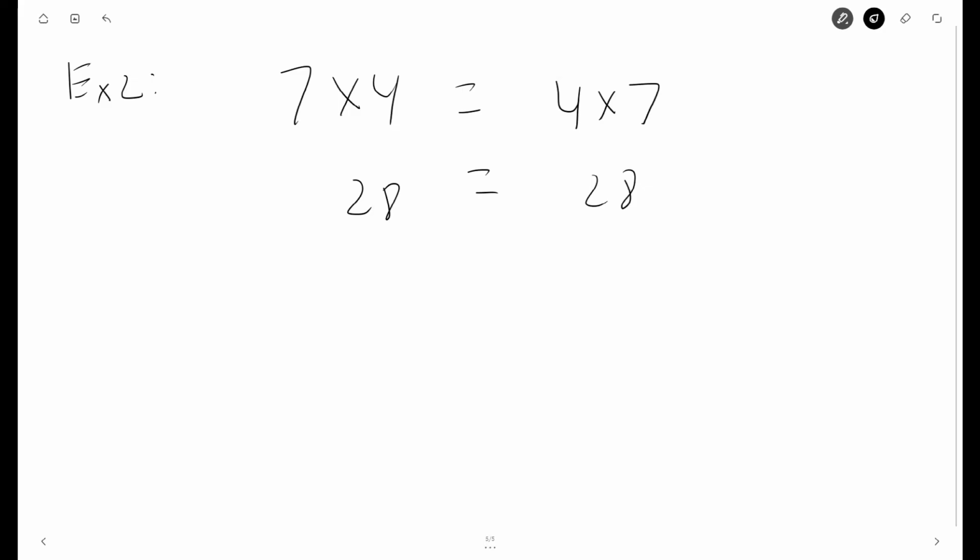What happened is that when you switch the order of factors, it does not affect the product. So this is called the commutative property of multiplication.